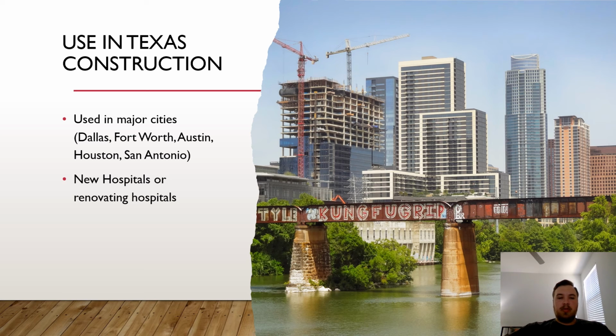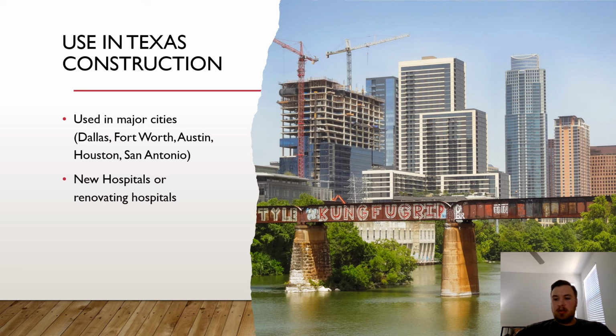So how is BIM modeling used in construction in Texas? All the major cities are using it. I mean, if you see a high rise, most likely there's a BIM model of it. It's probably not a great BIM model because most of the buildings are older, but as they are renovated, BIM modeling is being used.